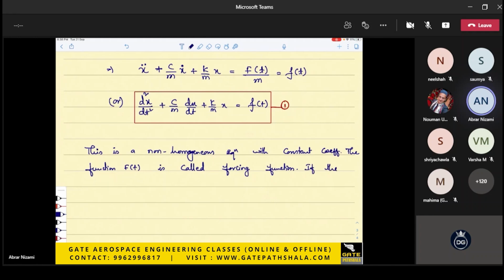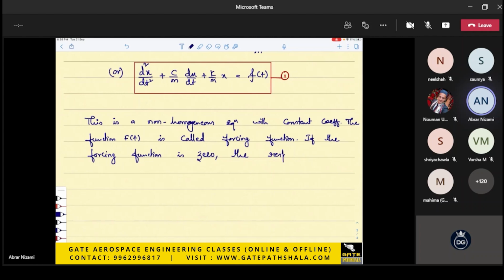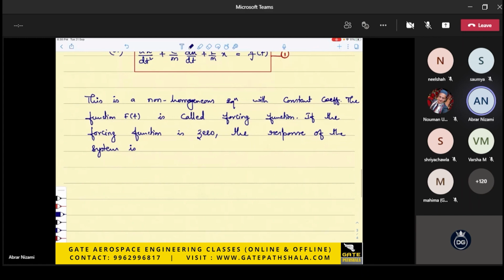If the forcing function is 0, the response of the system is referred to as free response.